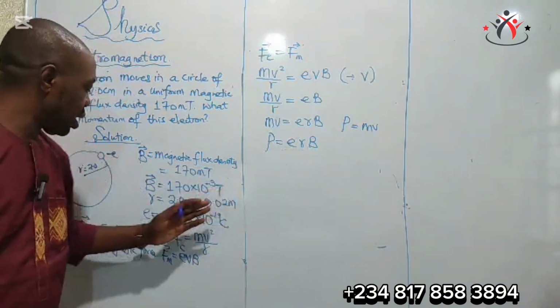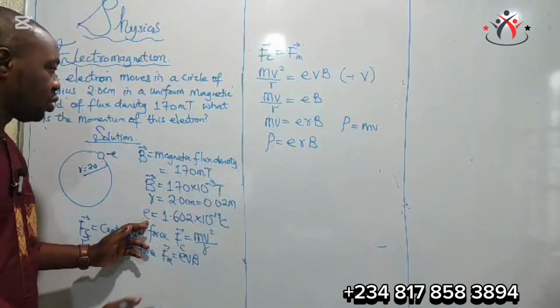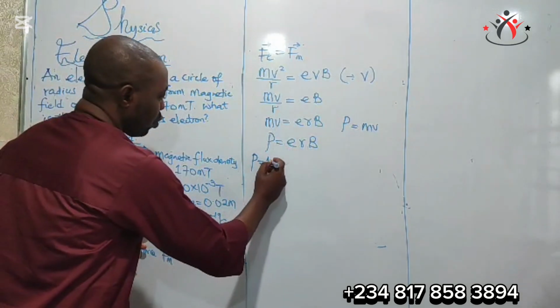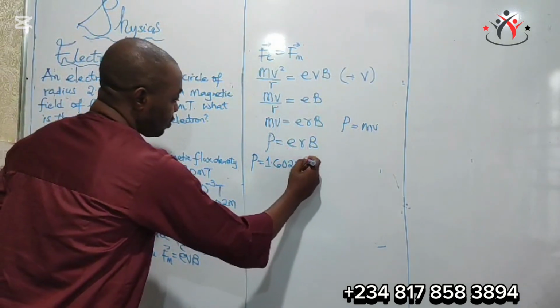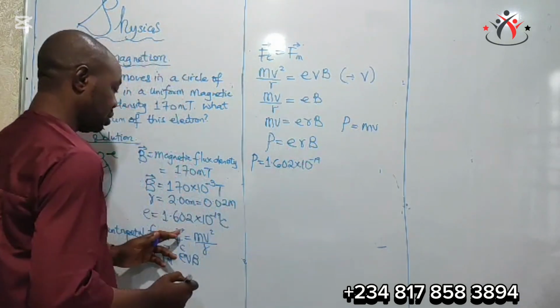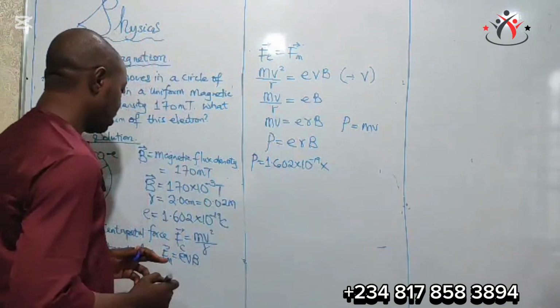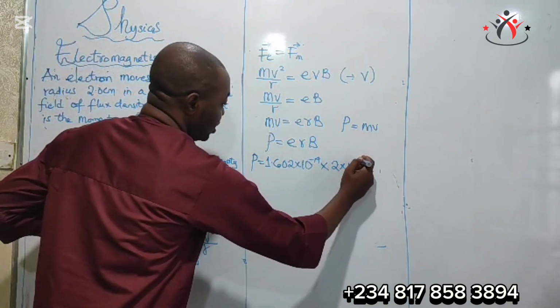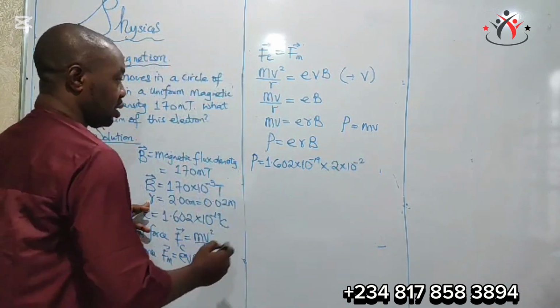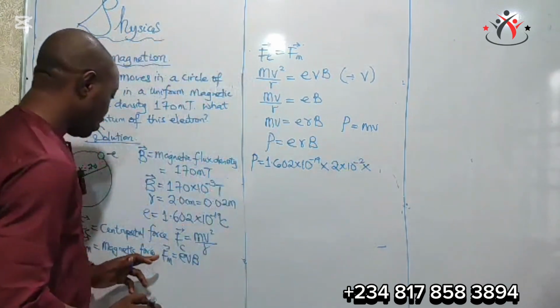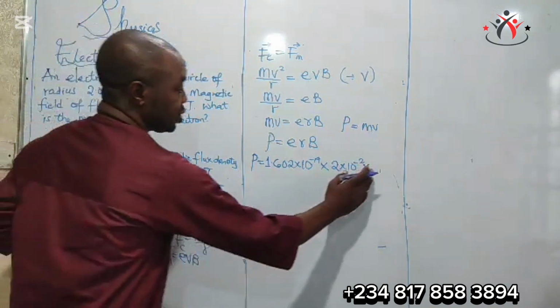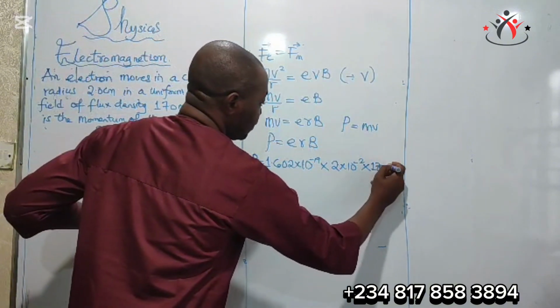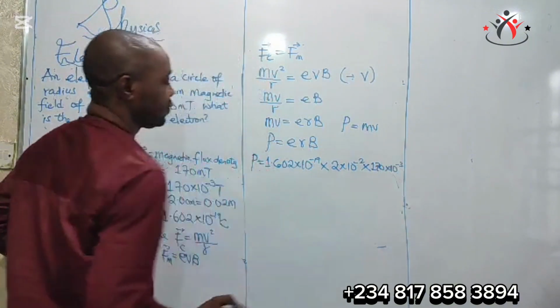We have E, which is 1.602 multiplied by 10 to the negative 19, multiplied by the radius, which is 2 multiplied by 10 to the negative 2, multiplied by the magnetic flux density, which is 170 multiplied by 10 to the negative 3.